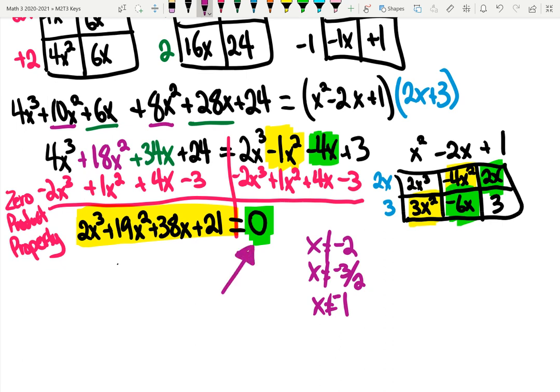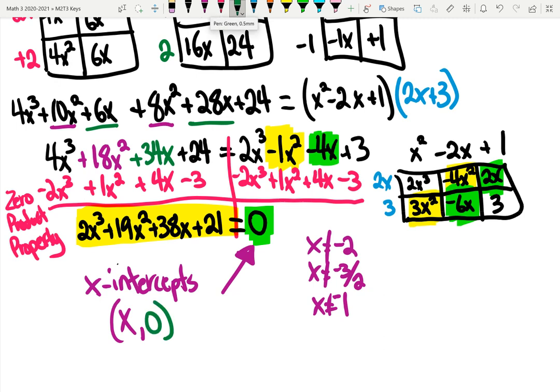You're going to look for the x-intercepts, which are all of the values. It's going to be x comma 0 because they're x-intercepts. So you should have 3 solutions.